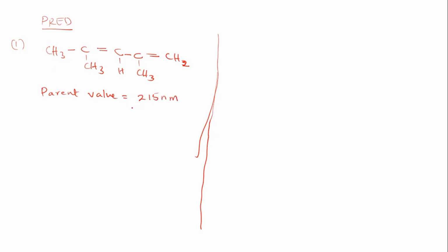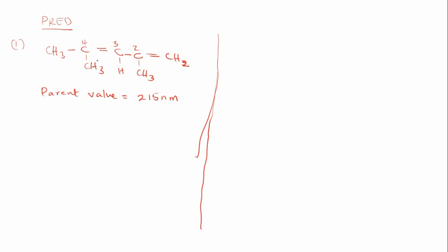Now here is the diene. We want to select the ring residue, and in this case, because this is acyclic, we're going to be talking about them in terms of methyl groups. The carbons involved in the diene are carbon 1, carbon 2, carbon 3, carbon 4.